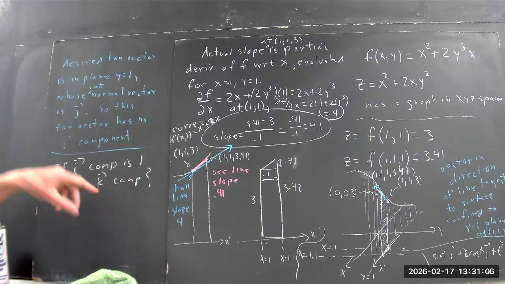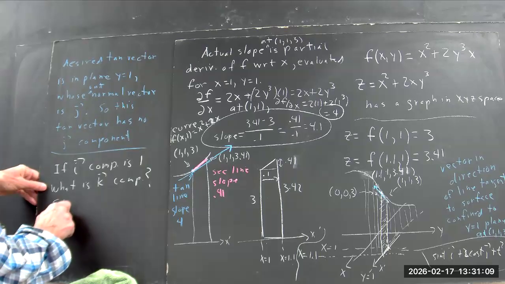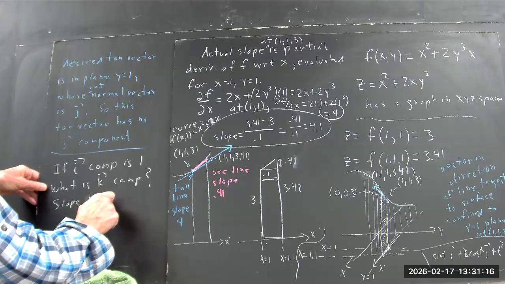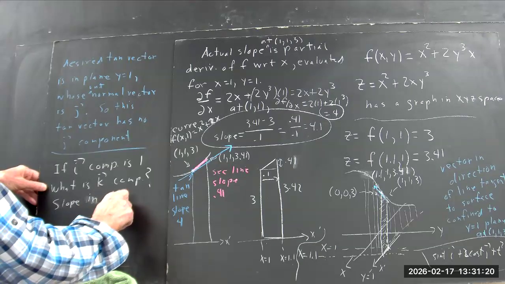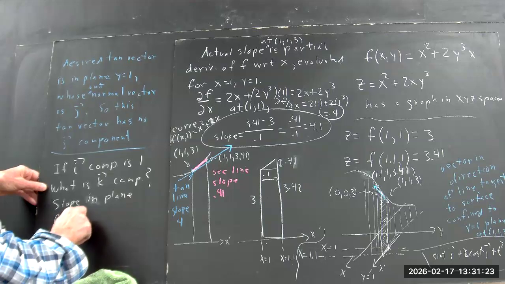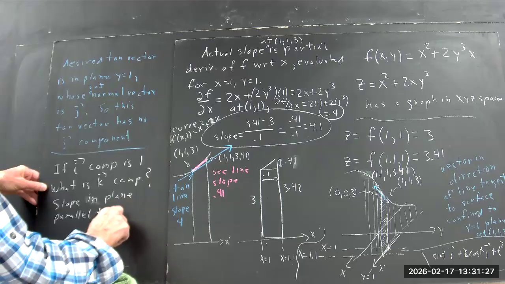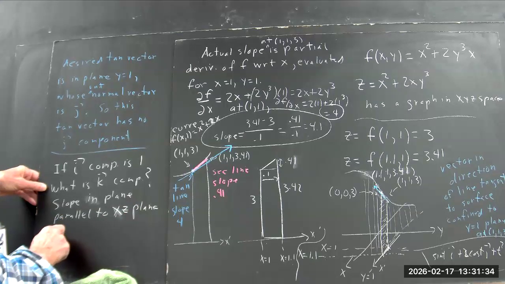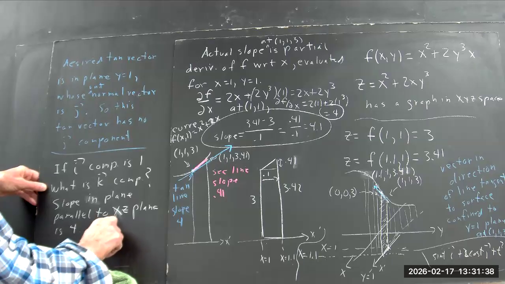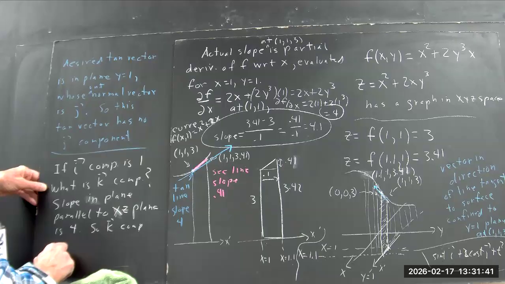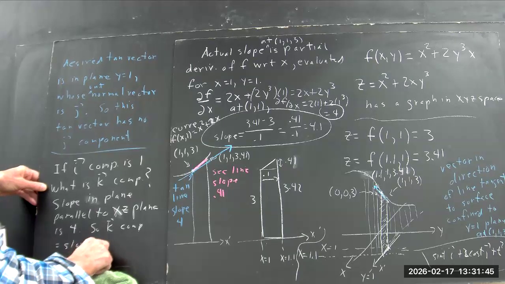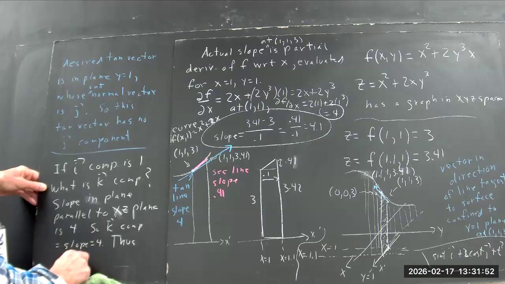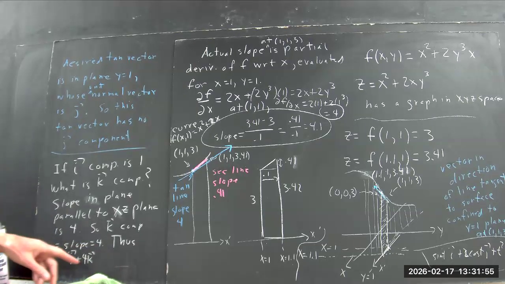So the i component is 1, the k component is 4.